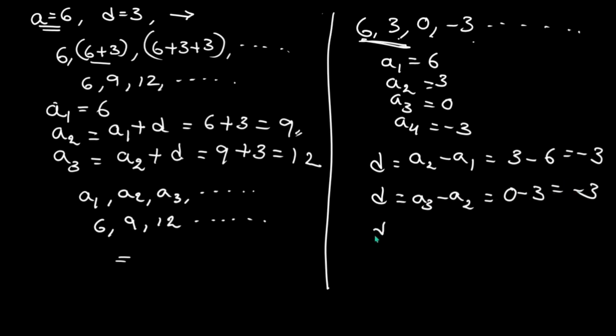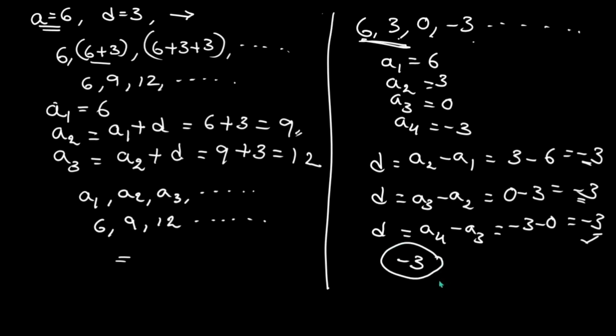Now A4 minus A3, that is minus 3 minus 0, which is minus 3. So you can observe that throughout this series it has the same difference, minus 3. So this is called an arithmetic progression. If the condition is satisfied, that is the common difference is the same, then we call that series an arithmetic progression.